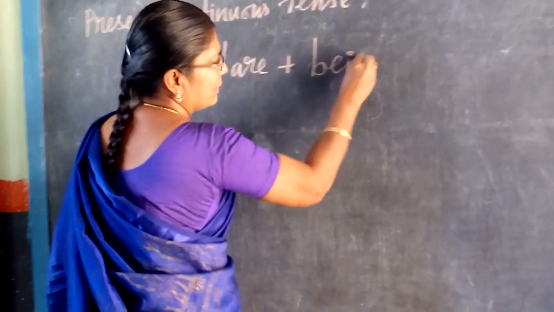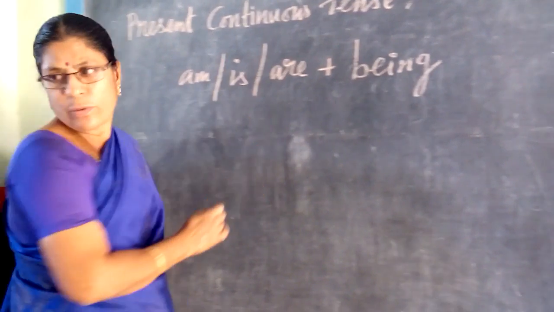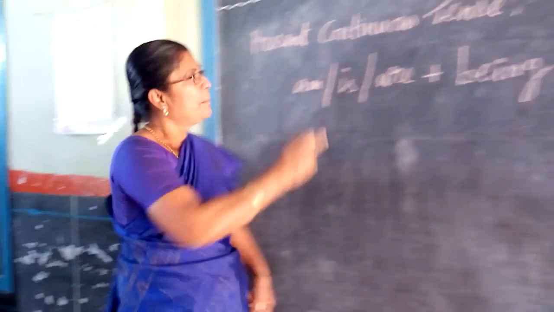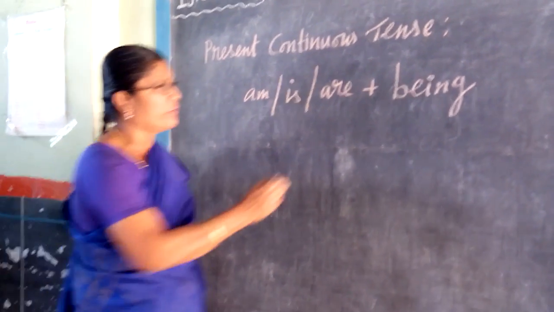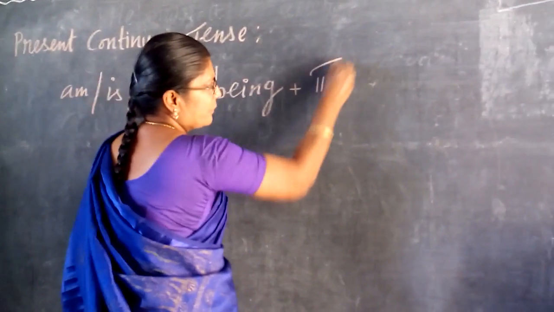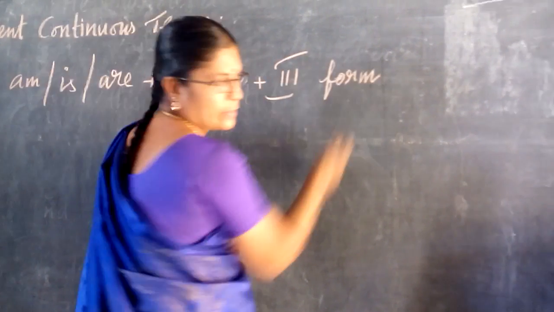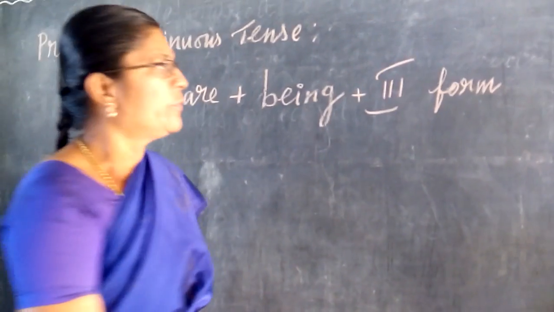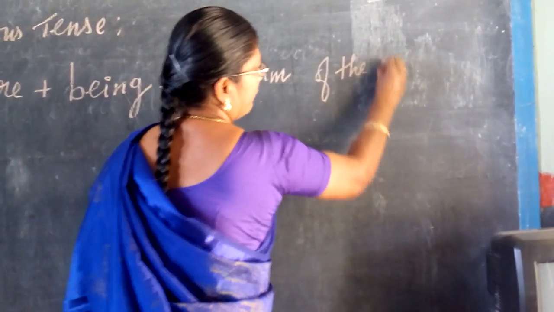You are adding the word being. Am, is, are you are using for simple present tense. But as it is a continuous tense, you are using the word being plus third form of the verb, otherwise called the past participle of the verb.